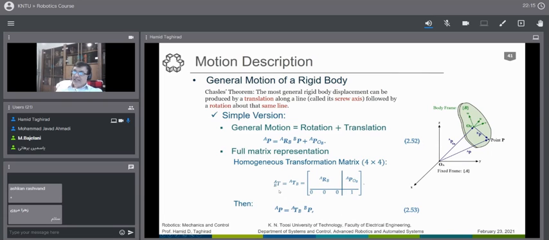As you see here, because we are using different books in this course, some books represent T_B with respect to A with a superscript at the right-hand side, and some books use both B and A at the left.